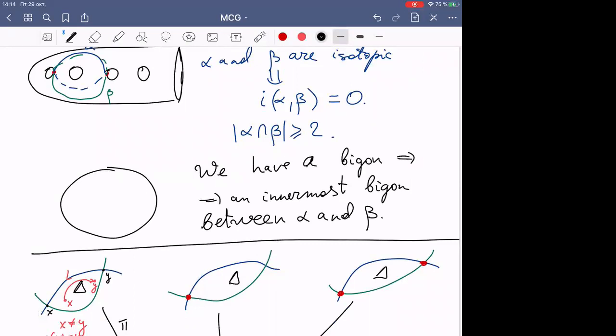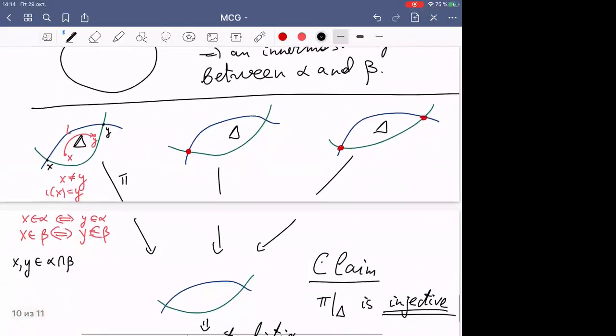The matter is that the hyperelliptic involution changes all homology classes.